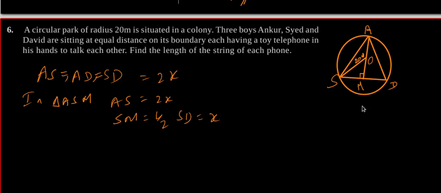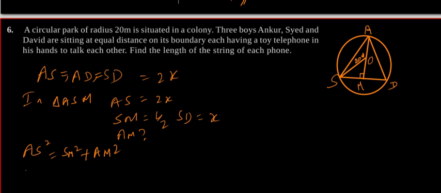In triangle ASM, only AM is unknown. If it is an equilateral triangle, the line passing through the center from the opposite vertex is definitely a perpendicular line. It makes a perpendicular at the point M. Using the Pythagoras property, AS square equal to SM square plus AM square.